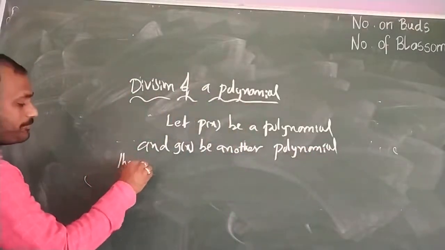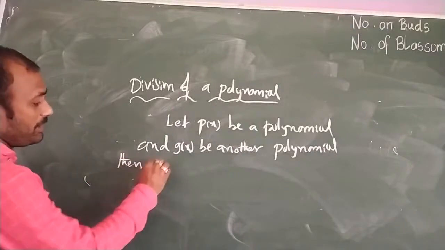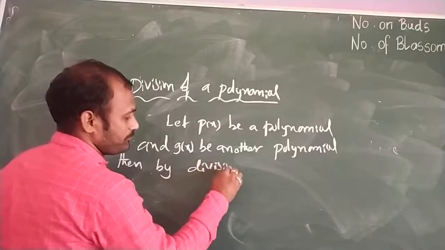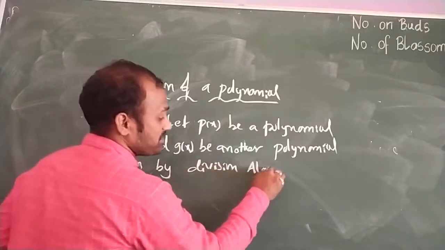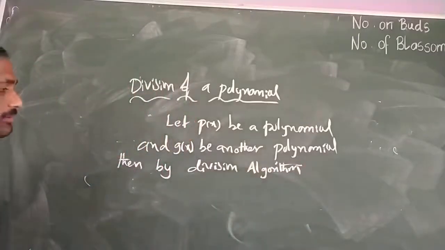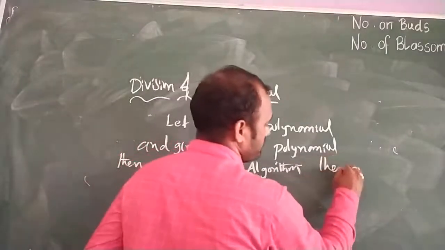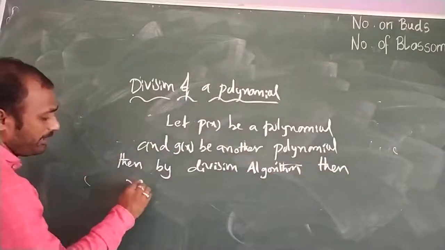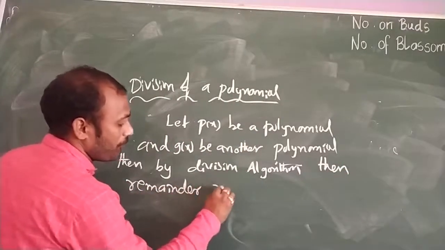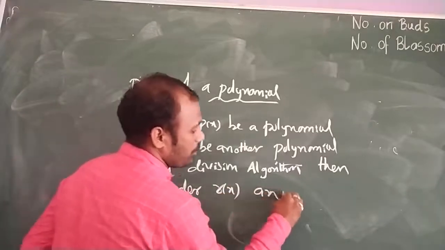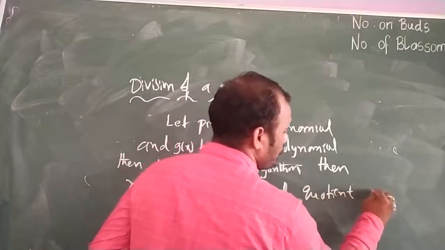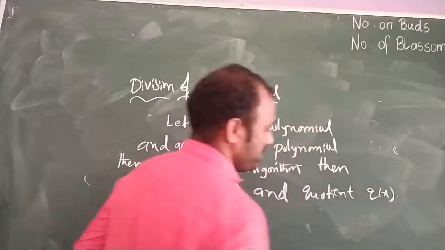Then by the division algorithm, which is a process, we can say that there is a remainder R of x and a quotient Q of x.